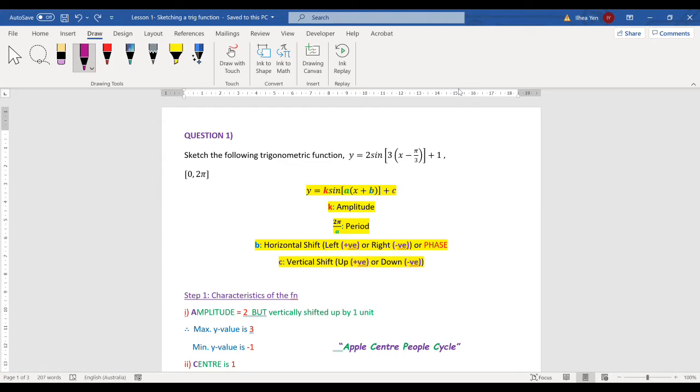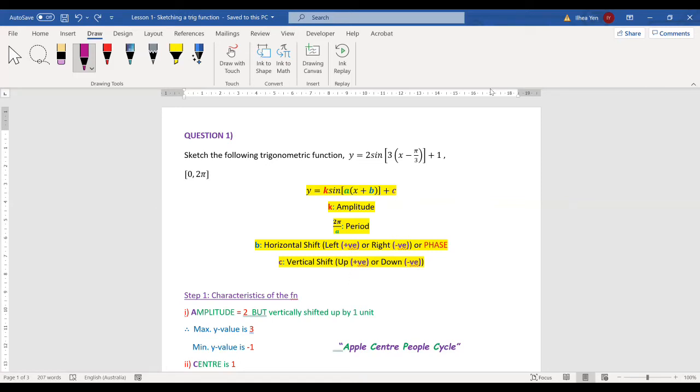Now, b is here inside the sine, so it's with x. So it's something to do with the x-axis, if you like. So it's going to be shifting left or right, because it's x-axis. The only thing you need to be careful of, it's like curve sketching.